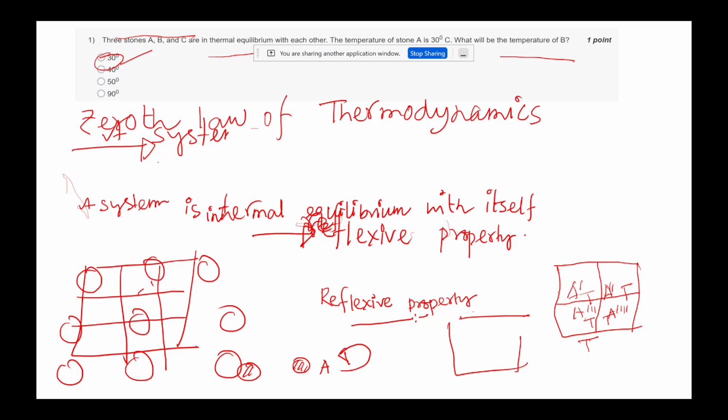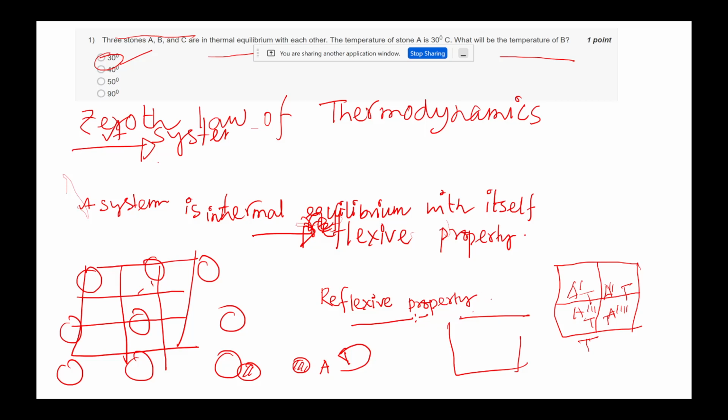It doesn't talk about entropy, but it is establishing temperature. So the zeroth law is for the macroscopic point of view, not for the kinetic theory point of view, where you can actually talk about a single molecule.